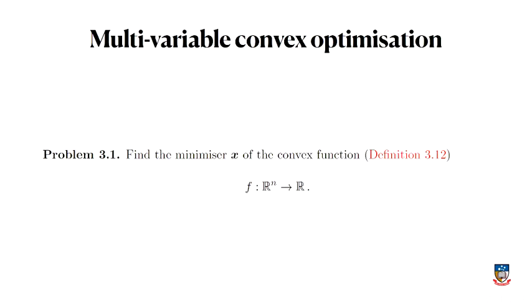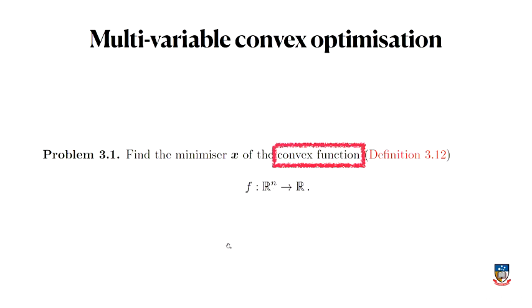So what we really want to talk about here is multivariable convex optimization. Now that word convex is a really, really important one for us, and we're going to spend a lot of time talking about what that word convex means. Let's set it to the side at the moment and just focus on this new problem, which says let's find the minimizer x, where x is a vector now, of a convex function which maps from R^n to the reals.